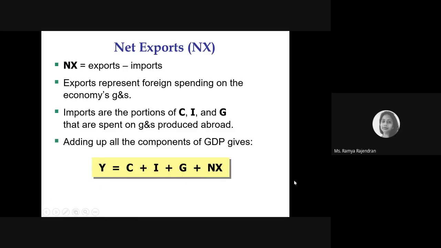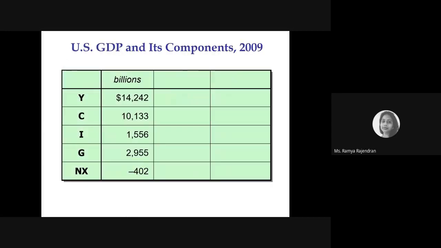When you sum up all these components, you get Y, which is GDP: consumption plus investment plus government purchases plus net exports. We're using a very old example of calculating GDP for the US. GDP is $14,000 billion, consumption is $10,000 billion, investment is around $1,500 billion, and G is around $2,900 billion.